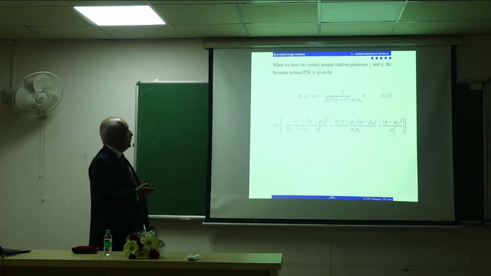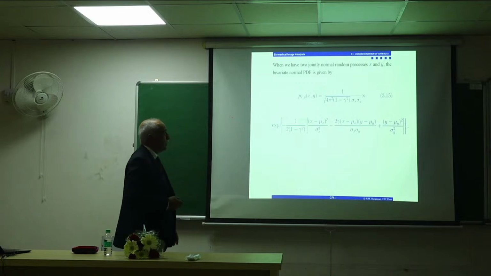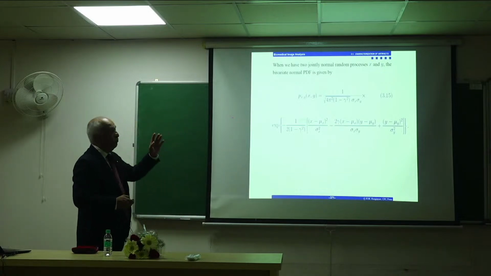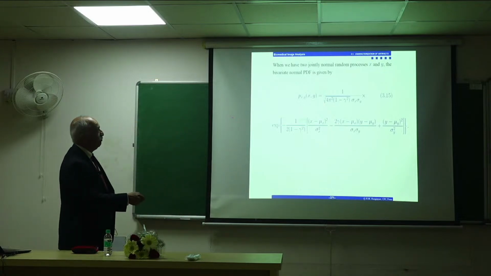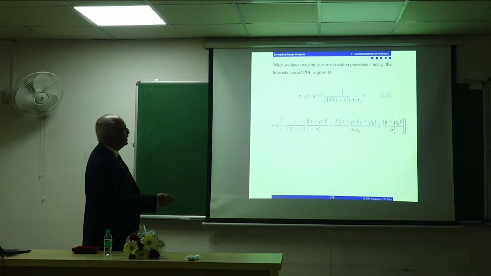When you have 2 jointly normal random processes, then the bivariate normal PDF is given by this Gaussian with this correlation factor. This is one Gaussian, this is another Gaussian, and the normalization factor includes the variances of the Gaussians and this 1 minus gamma squared. The gamma comes here as a weighting factor and here.